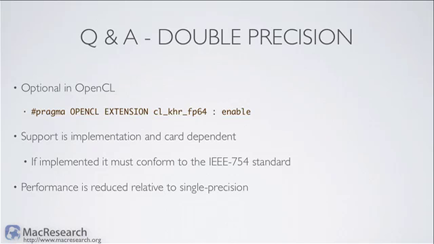In double precision, because the number of floating point units for double precision is much less on each SM, you get about 90 gigaflops per second on the GTX 285. So you're talking about an order of magnitude performance hit.